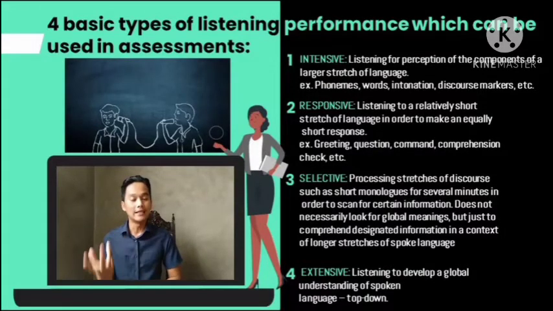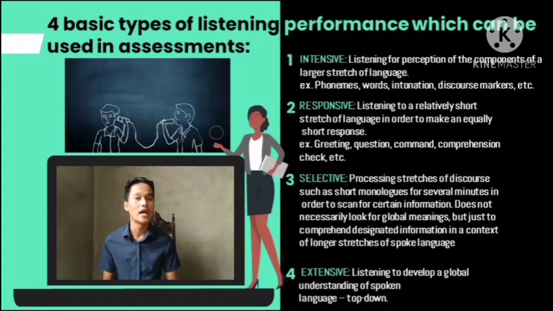First, intensive listening. Here you listen for perception of the components of a larger stretch of language. And second, responsive. It's when you listen to a relatively short stretch of language in order to make an equally short response. And third, selective listening. It's when you process stretches of discourse, such as short monologues, for several minutes.